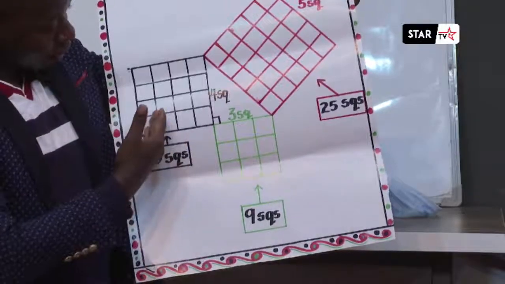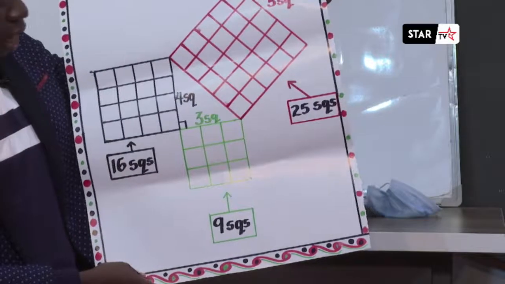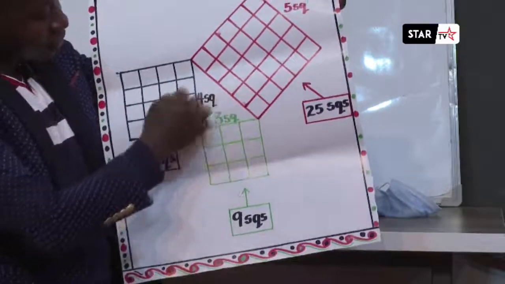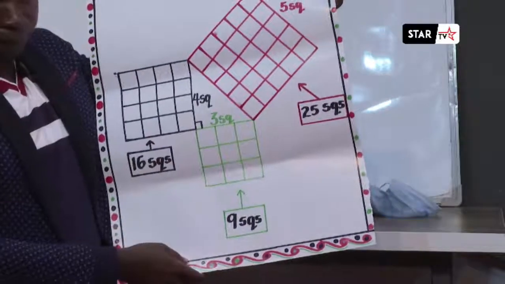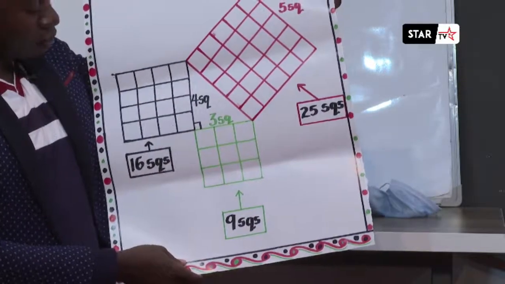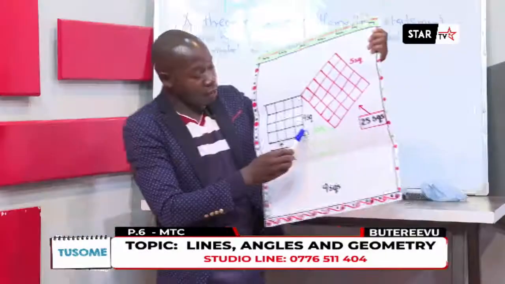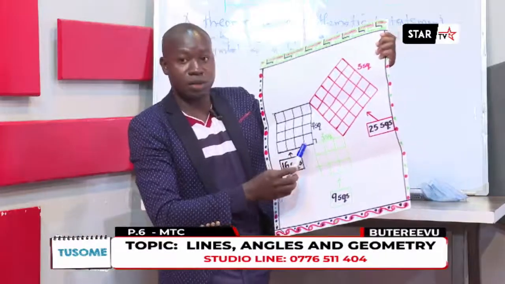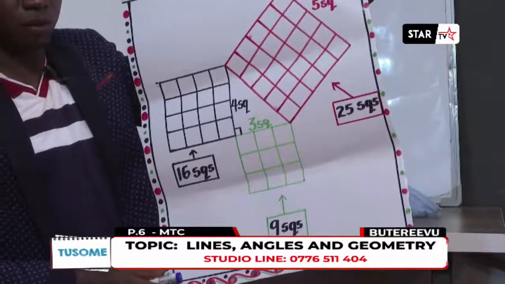Then the black at the side, there are 16 squares. Above all, inside, there is a right-angled triangle. Being represented, the right-angled triangle must obtain that symbol, implying that there is a 90-degree angle in it.